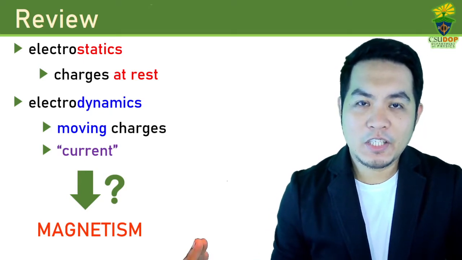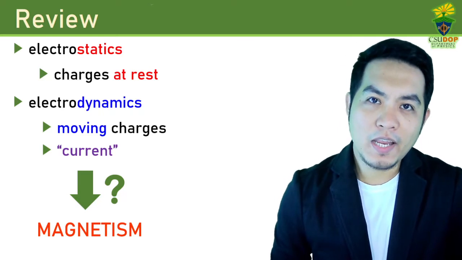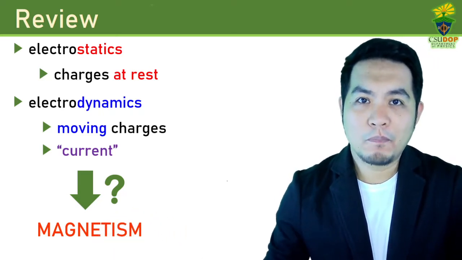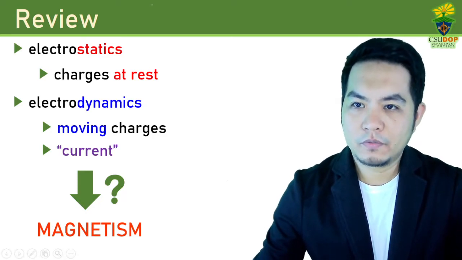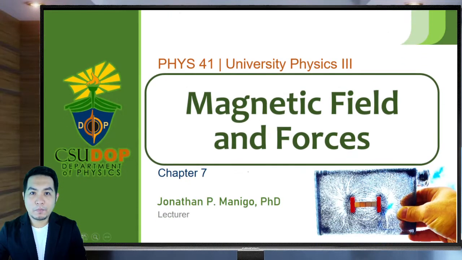So in this chapter and in the next chapter, we will try to explain how electricity, or current, is related to magnetism. This chapter will focus on magnetic field and magnetic forces.